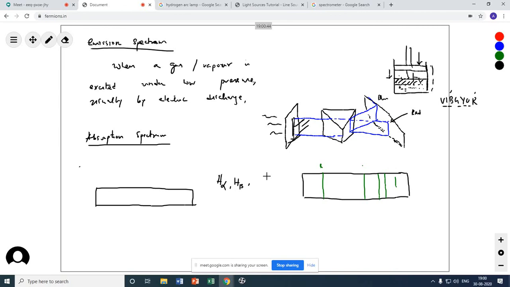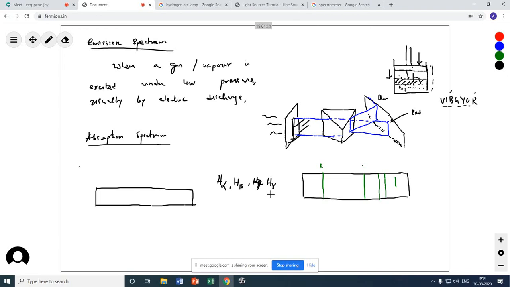And the next in the violet region is called the H gamma line, and so on.